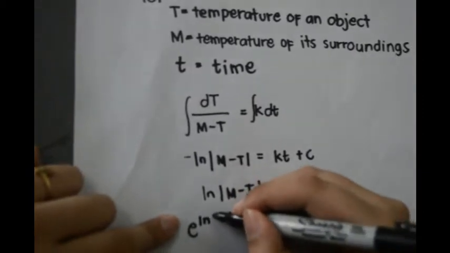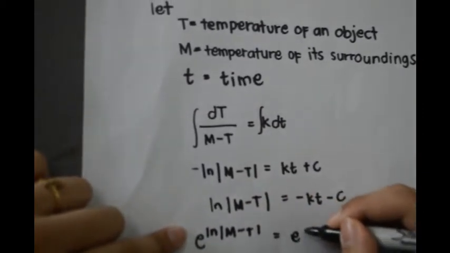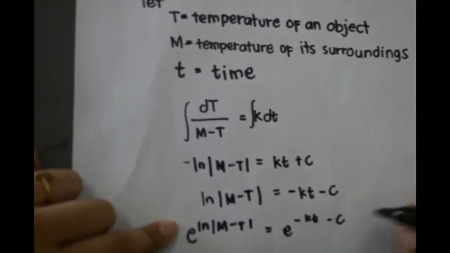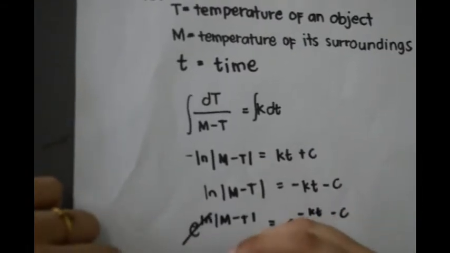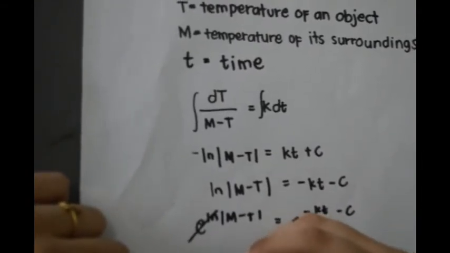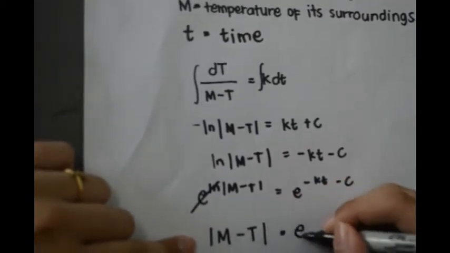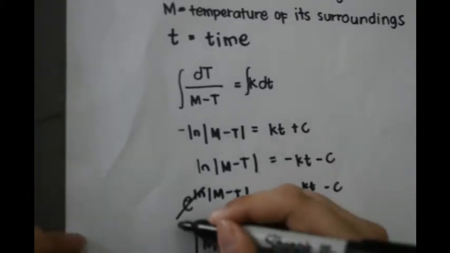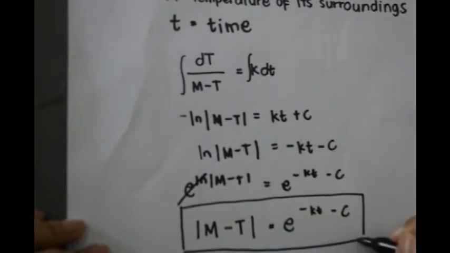M minus T is equal to e raised to negative KT minus C. We can now cancel. Then we will have M minus T is equal to e raised to negative KT minus C. This is our formula for Newton's law of cooling or heating.